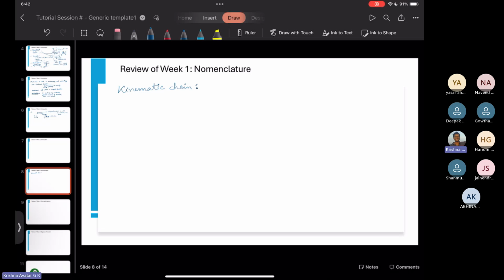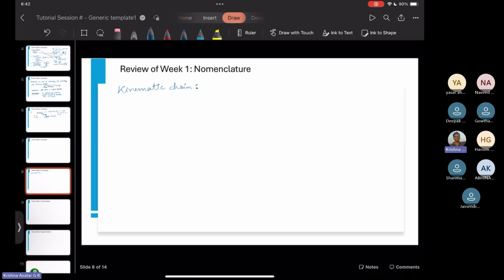So I hope you know what a rigid body is, right? Could any of you please say? How would you define a rigid body?